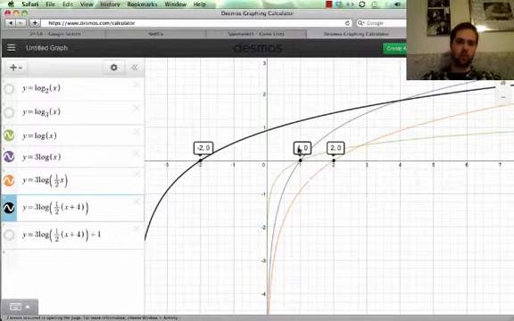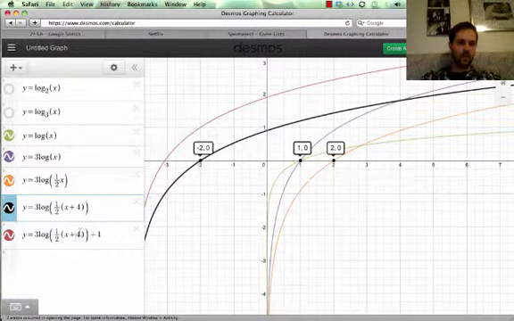So we started at our regular 1, and the stretch of a half ends up multiplying your x value by 2. So the mapping is fairly easy, just 1 over b. And 3 log of 1/2 times (x plus 4), plus 1. So again, we apply everything that we applied up here.